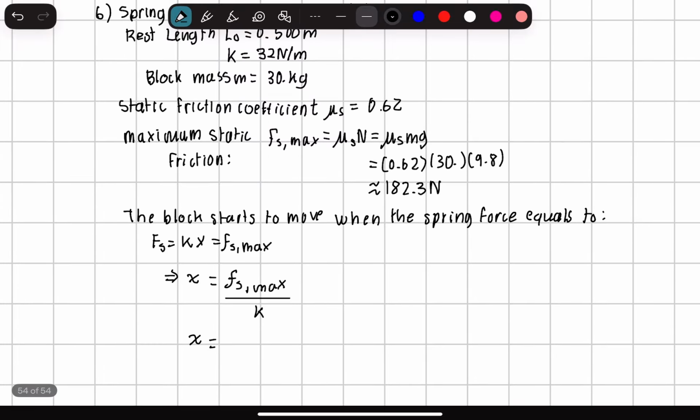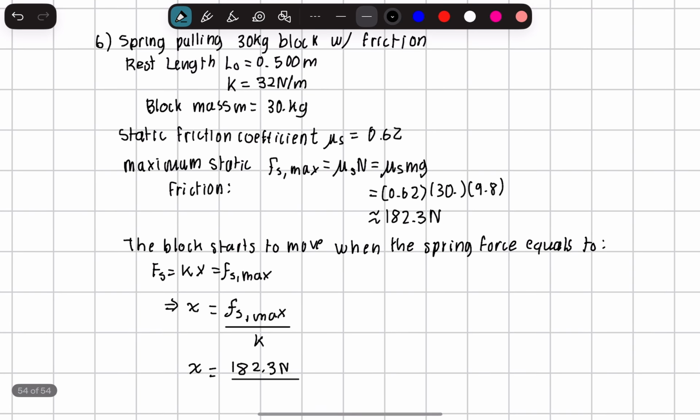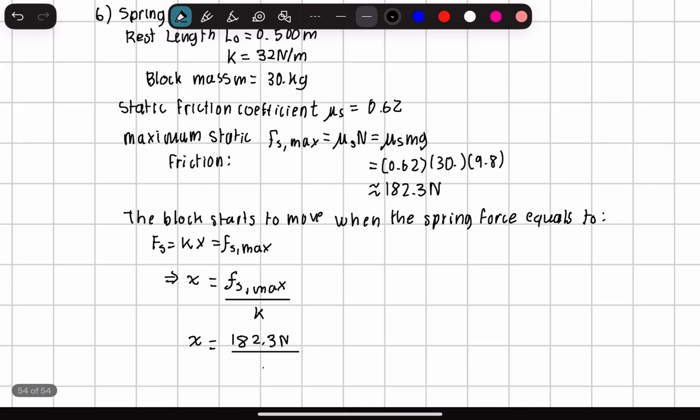Fs max, we solved for it up there, was 182.3 newtons divided by our spring constant k, and we know that k was 32 newtons over meters. So this is approximately, the newtons cancel out, you get 5.70 meters.